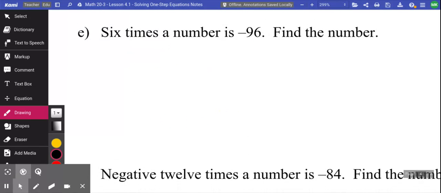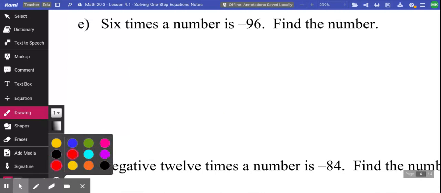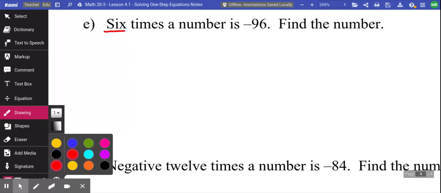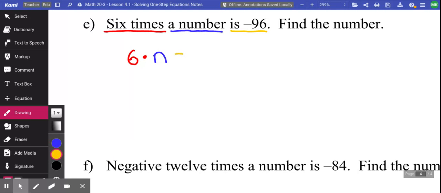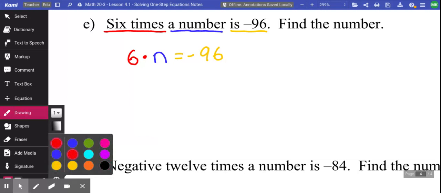Didn't see this was the last one. This, reading it as we go, 6 times a number n is negative 96. Right? Set up the equation, then solve the equation. The opposite of timesing is dividing.